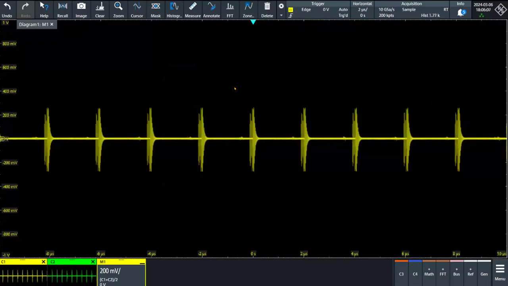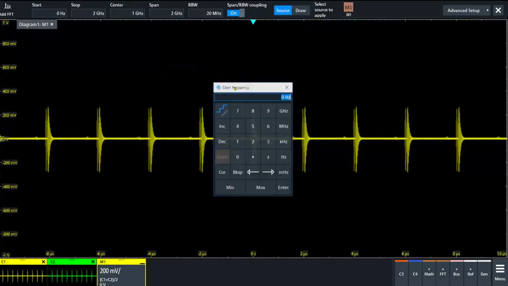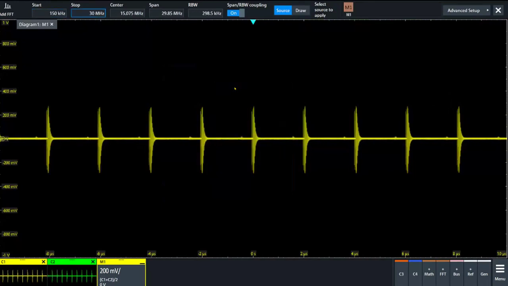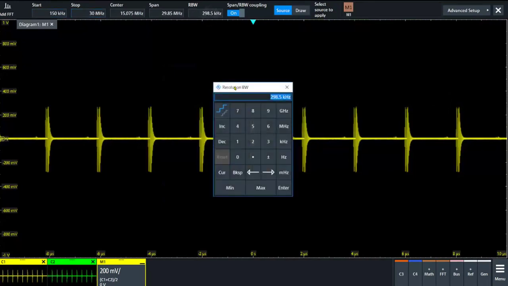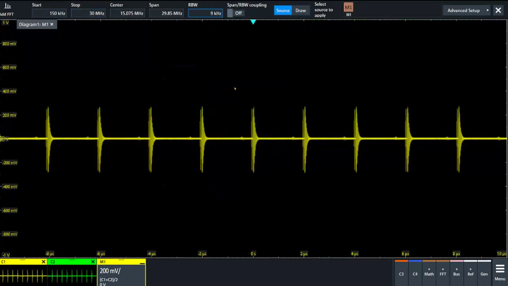And now we apply the FFT. We say from 150 kilohertz to 30 megahertz, we can introduce a resolution bandwidth of 9 kilohertz, and we apply this to math number 1.